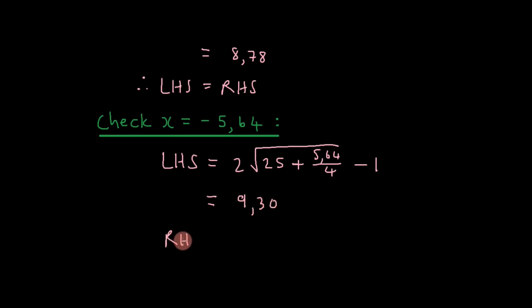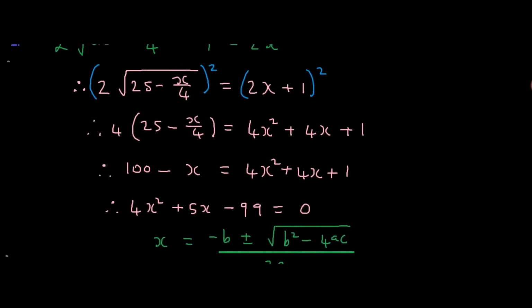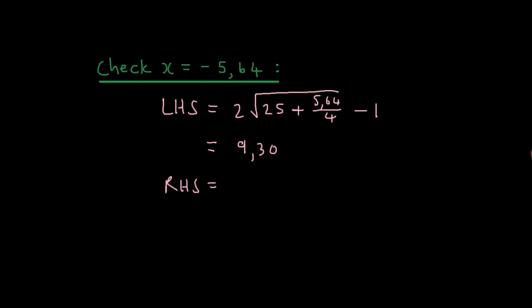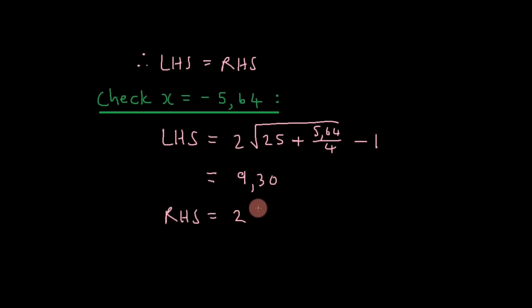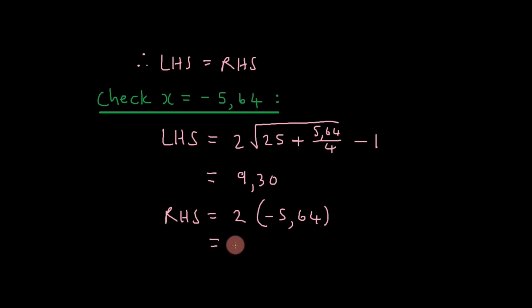Then recall that the right-hand side of the equation was 2x. So it's going to be 2 times negative 5,64. Which is negative 11,28.